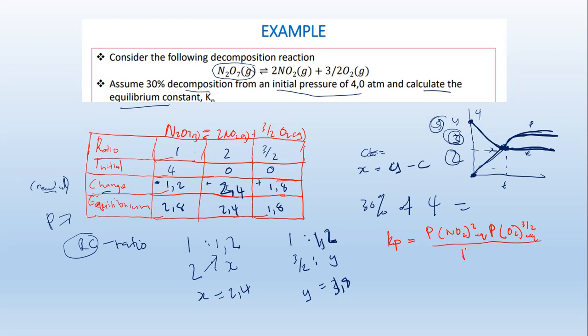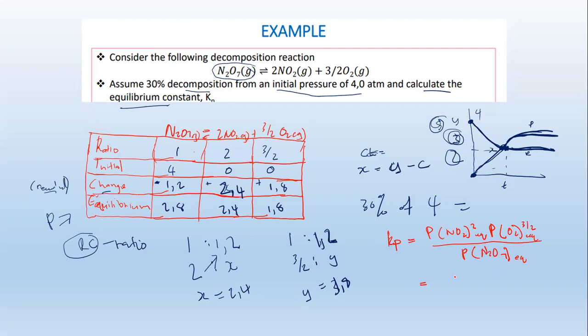Divided by the pressure of the reactant. In this case, our reactant is this one, right? It's going to be N2O7, to the power of 1 at equilibrium. Therefore, let us do substitutions. What is the pressure at equilibrium of NO2?